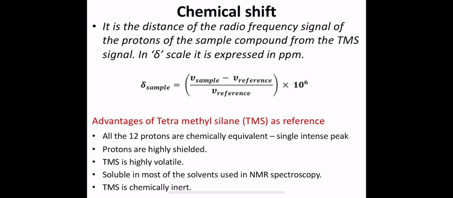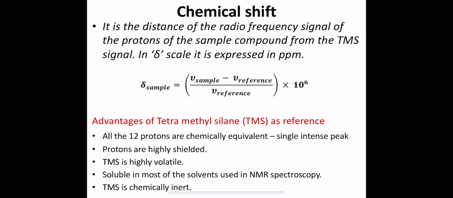Next, the protons in TMS are highly shielded. Highly shielded means they have a dense electron cloud, therefore they produce a distinct peak. Distinct means we will not find any splitting pattern. Splitting is not observed there. We will get only one distinct peak, that too at very low frequency.